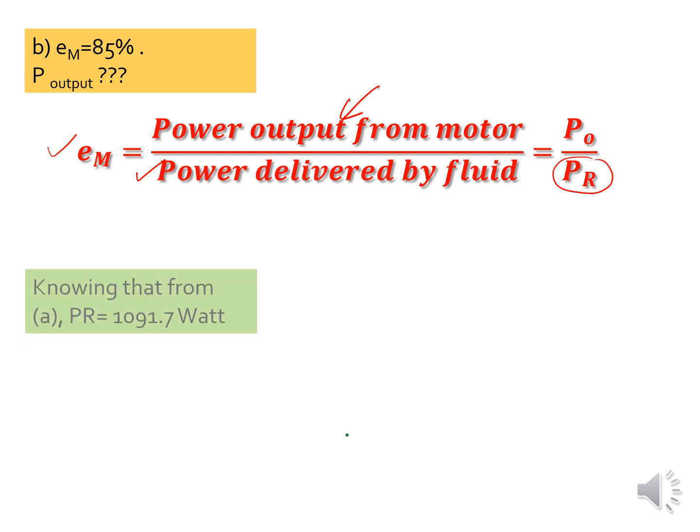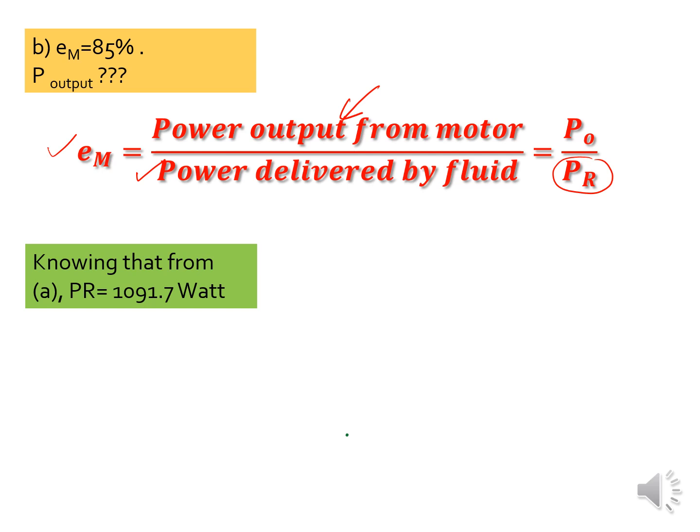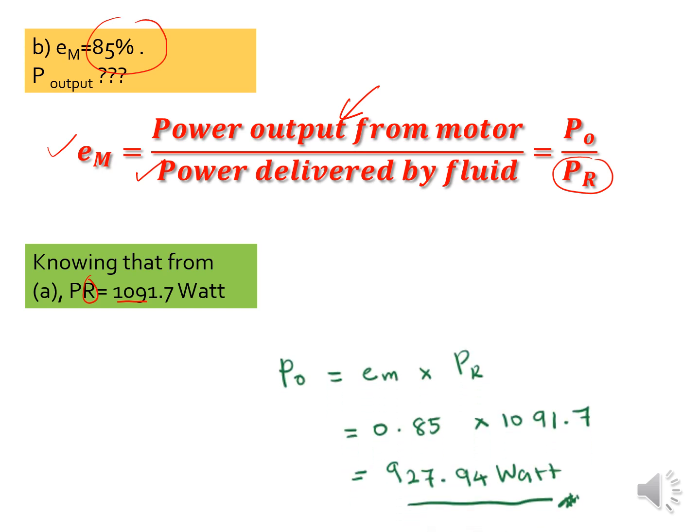So we know that the PR calculated from A is 1091.7 watt, and the efficiency is 85%. Then we can calculate the value of power output, which is 927.94 watt. That's it.